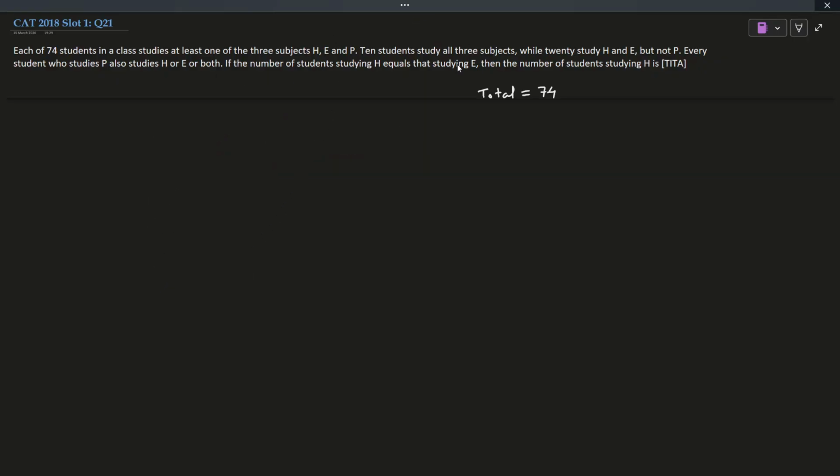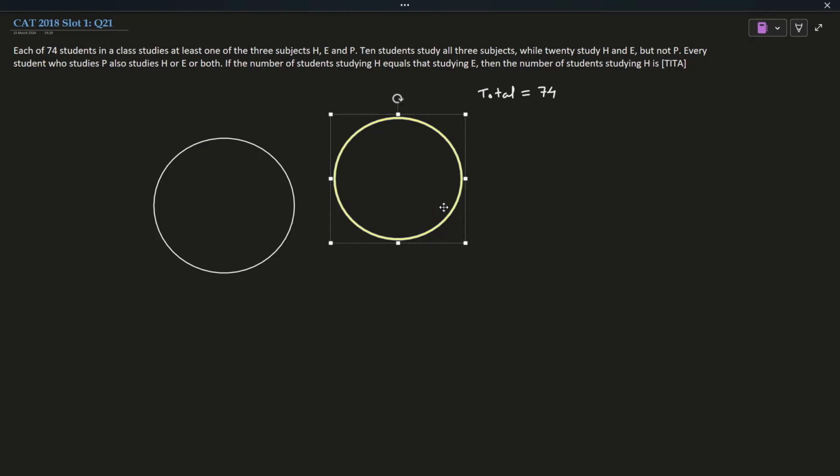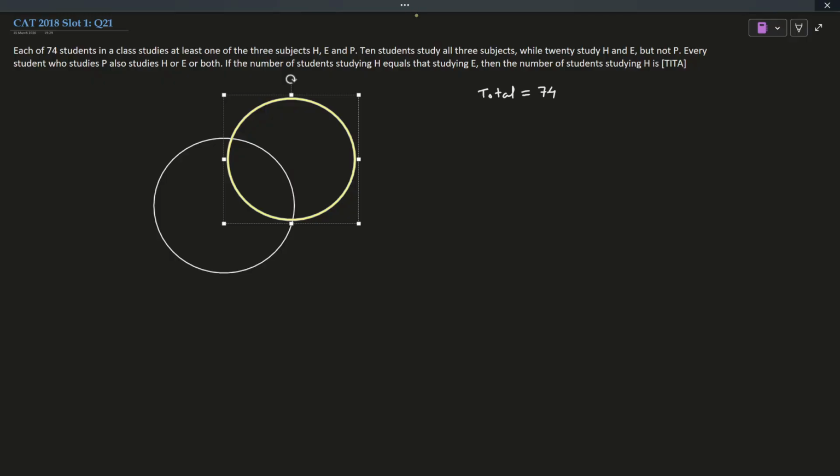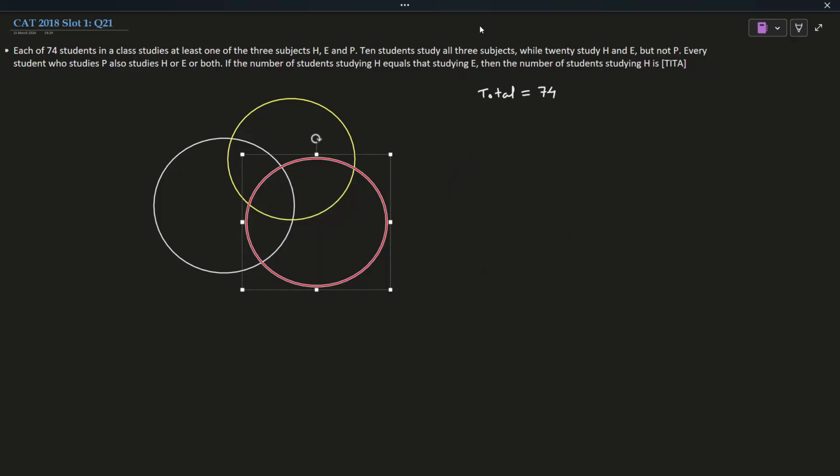So this is the subject H, this is the subject E, and this is the subject P. The red circle is P, the yellow one is H, and the white one is E.